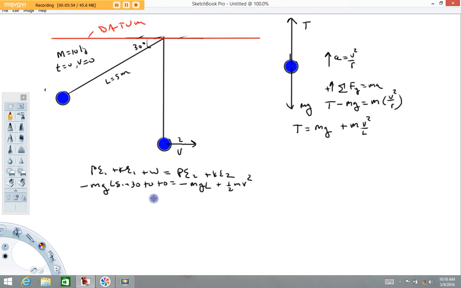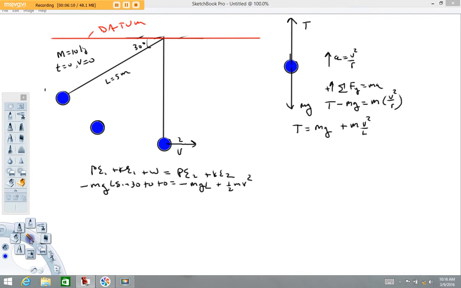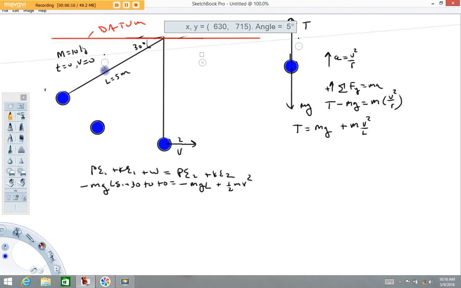All right, that work term and why it's 0. Well, picture a free body of this object. I'm going to go ahead and get it cloned here. Picture a free body at some arbitrary location in the middle, and we start thinking about force vectors acting on that object.